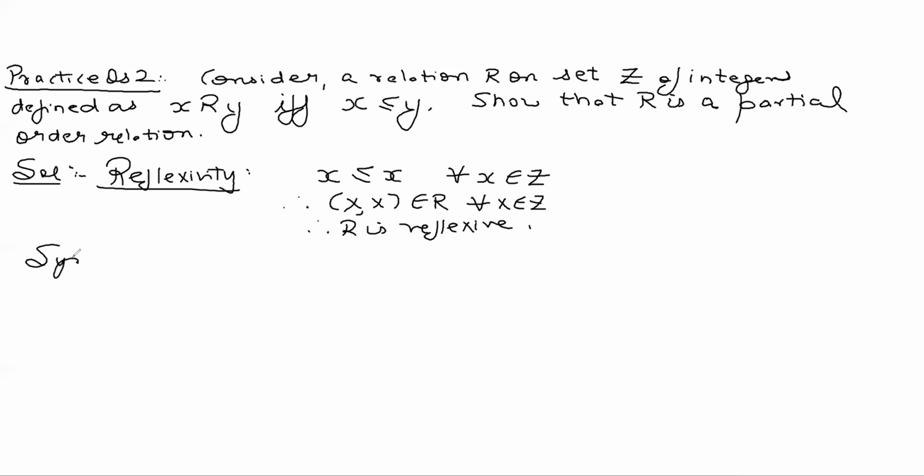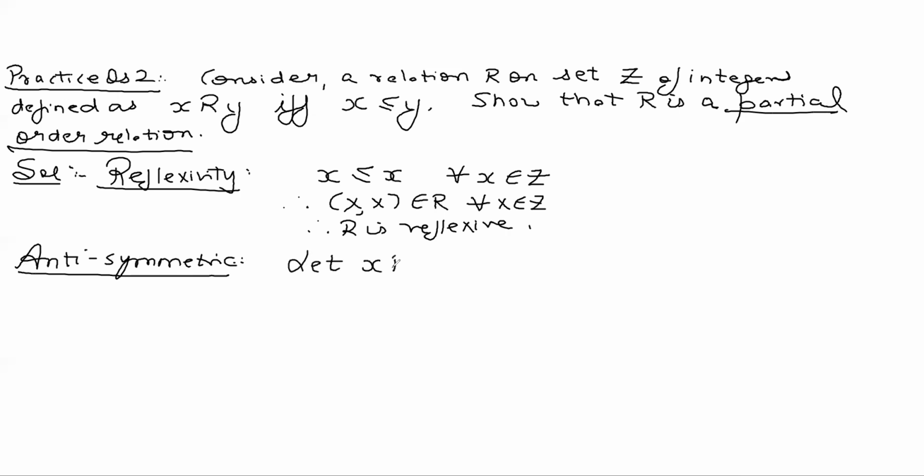Let's check for anti-symmetry. There is no need to check for symmetry because we need to show it's a partial order relation. That means we need to check for anti-symmetric. So let x be related to y and y be related to x.